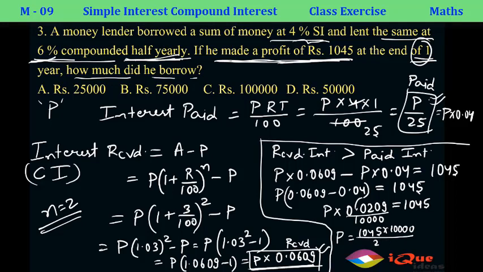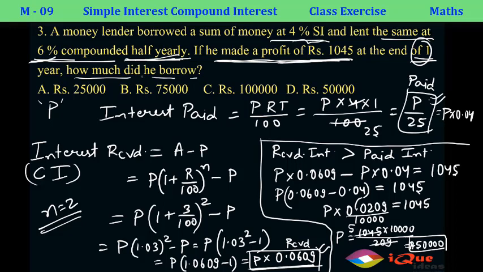Now 209 is exactly 5 times 1045. Right? So P is equal to 5 into 10,000, which is equal to 50,000 rupees. Right? So in this case, the principal amount is 50,000 rupees.